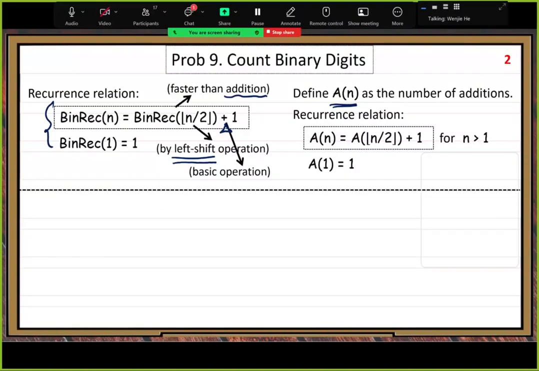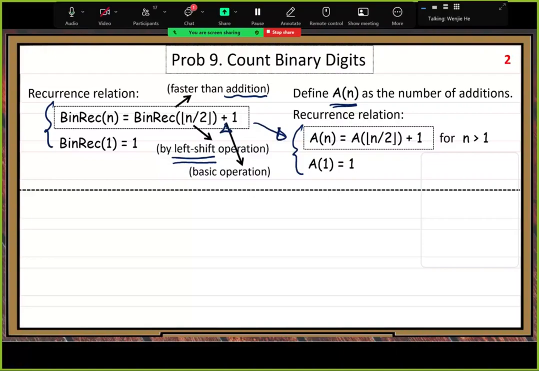You can see we get a similar recurrence relation. The meaning is like this.